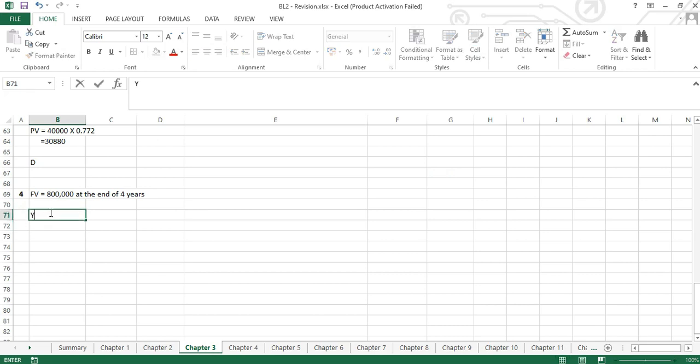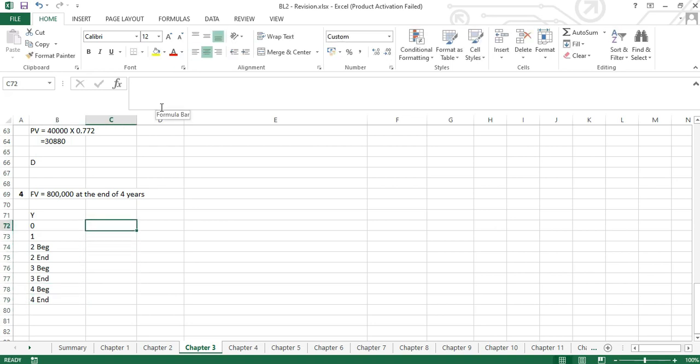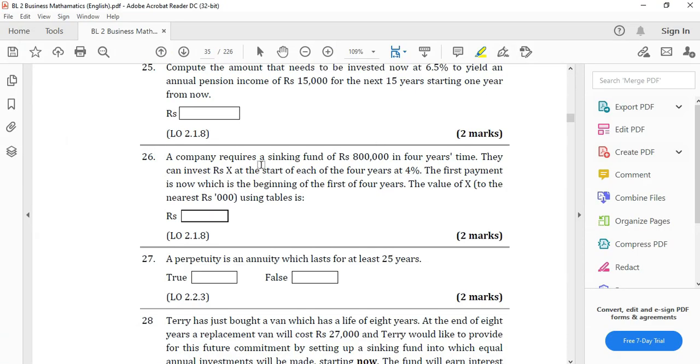So I'm going to mark year 0, year 1 beginning and end, year 2 beginning and end, year 3 beginning and end, and year 4 beginning and end.